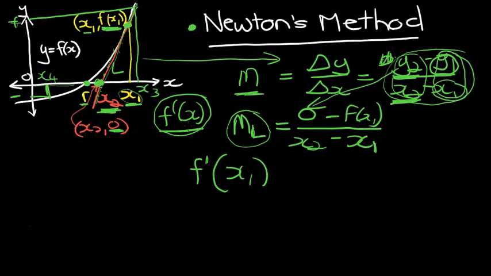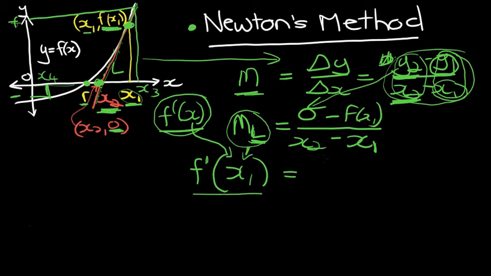It describes the gradients of each tangent on the graph at specific points. Now, in our case, we want the gradient of that tangent at x1. So all we do is substitute x1 in there, and this means it's the same. The gradient of this line L is the derivative at x1. That will give you the gradient at x1.